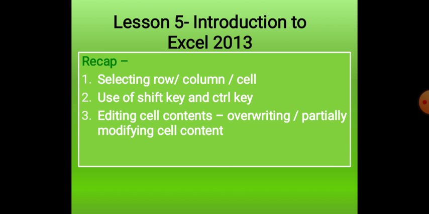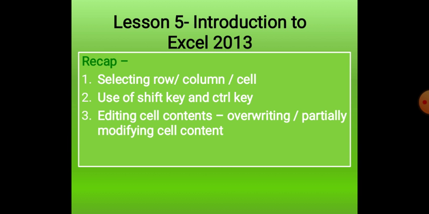Editing cell contents. We have two methods to edit the contents that we have typed in the cell. First is overwriting and second is partially modifying cell content. If we have to replace the existing content with the new content, we click on the cell and start typing.